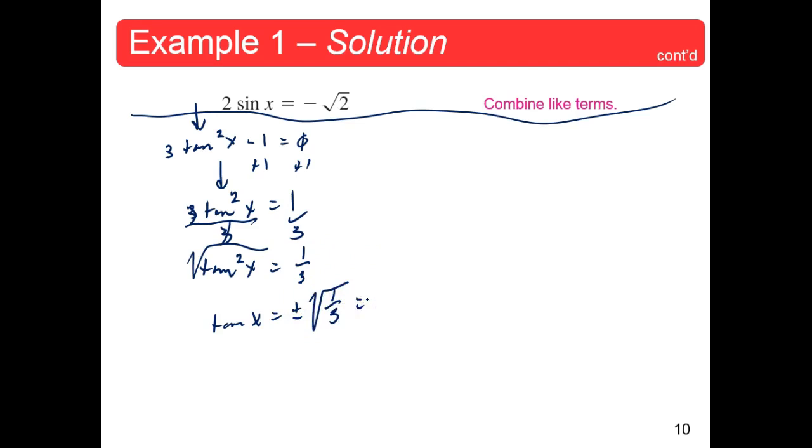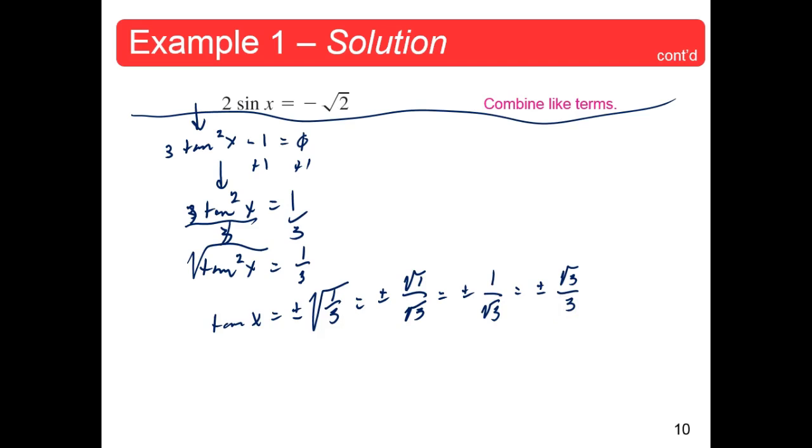A nicer way to write that is plus or minus the square root of 1 over the square root of 3. That's the same thing. But what is the square root of 1? 1 over root 3. Now, if you don't like a radical in the denominator, you can do it one more step, and what does that be? Root 3 over 3. Okay, plus or minus root 3 over 3.